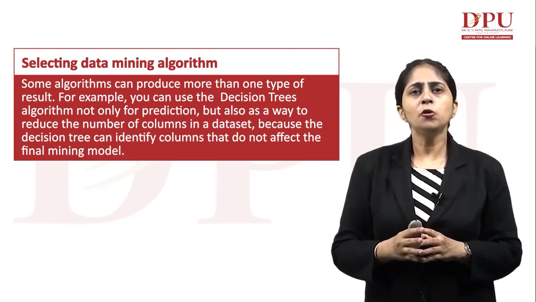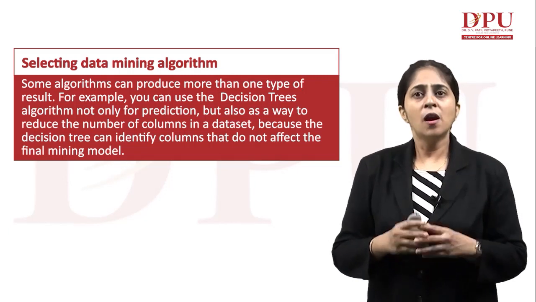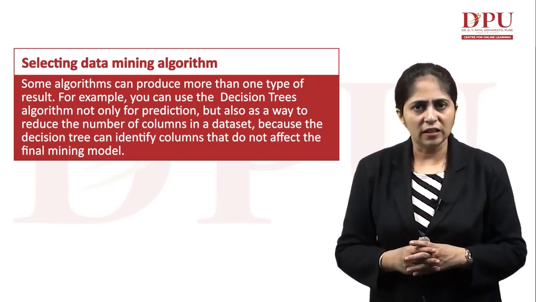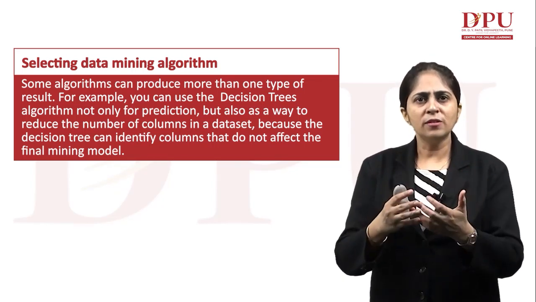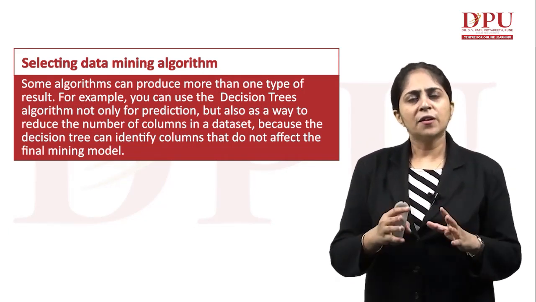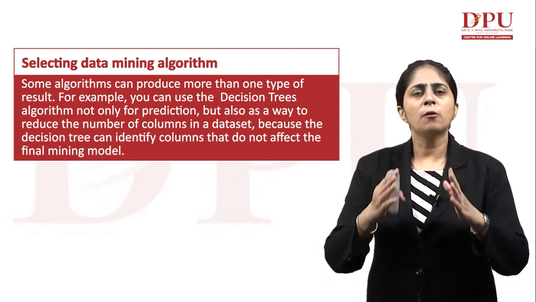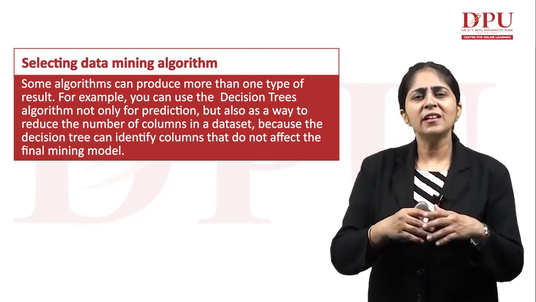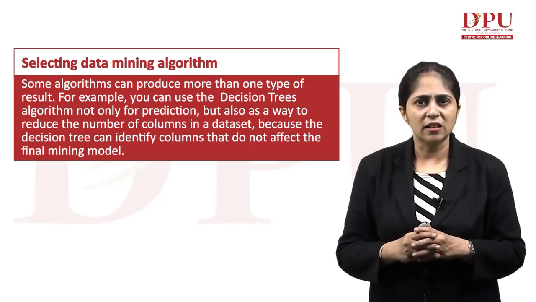For example, you can use the decision tree algorithm not only for prediction, but also as a way to reduce the number of columns in a data set, because the decision tree can identify the columns that do not affect the final mining model. Like we have seen, this algorithm is generally used for making predictions, but it can also be used to reduce the number of columns in a data set.